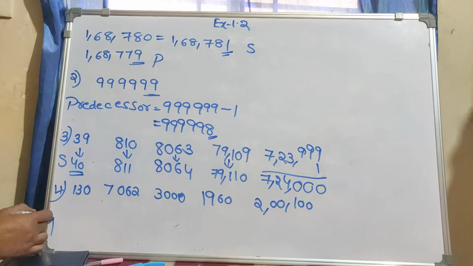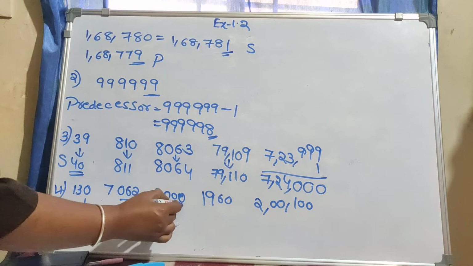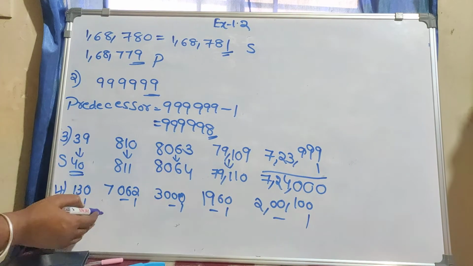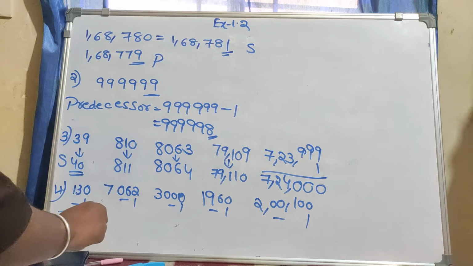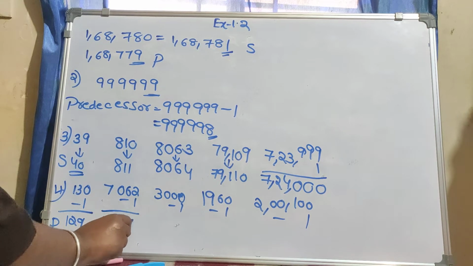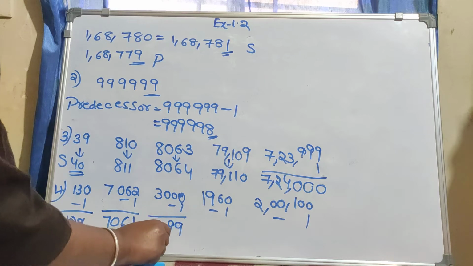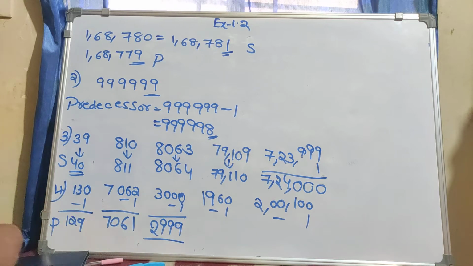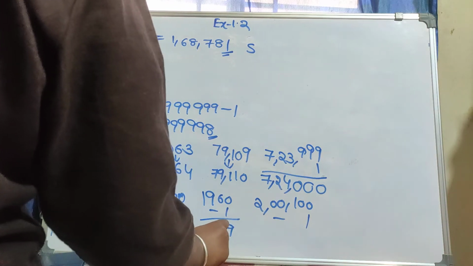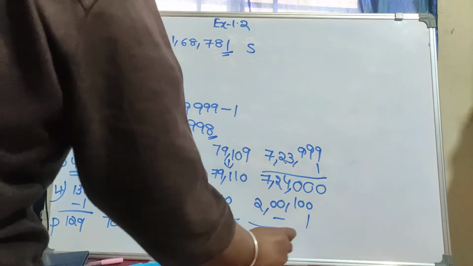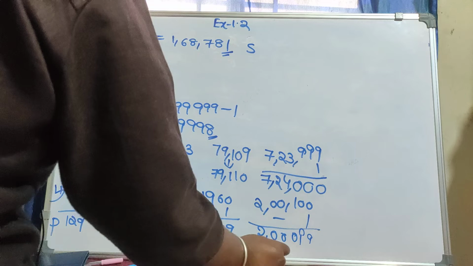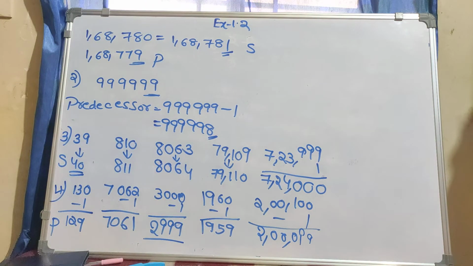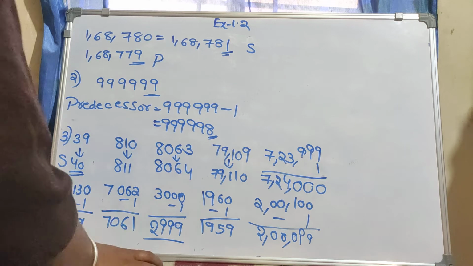For the predecessor we should always do minus 1. 129, after subtracting 1 from 130. 7061. 2999. 99,001 is not shown here but for 2,00,000 the predecessor follows the same pattern, 1,99,999. So this is how we solve the successors and predecessors. This ends the fourth question.